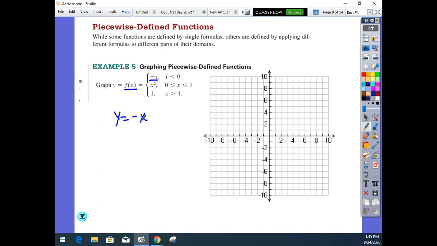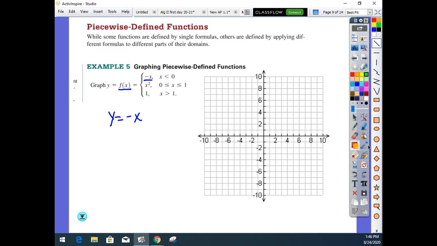All right. So if I graph y equals negative x, this is a line with a y-intercept of 0 and a negative 1 slope. All right. So here, I'm going to use my line feature.